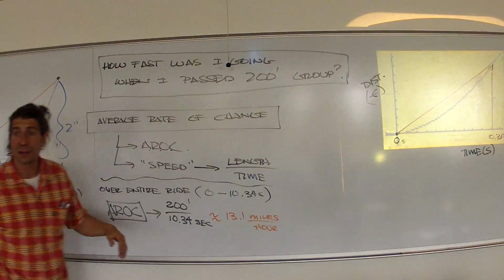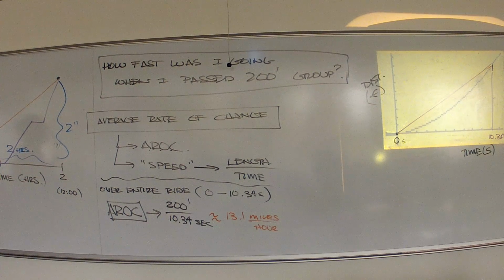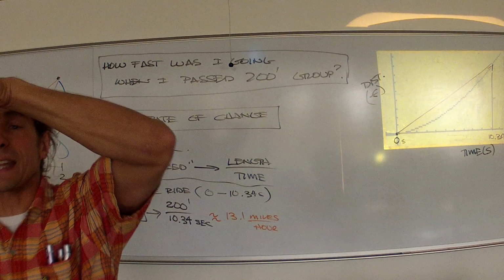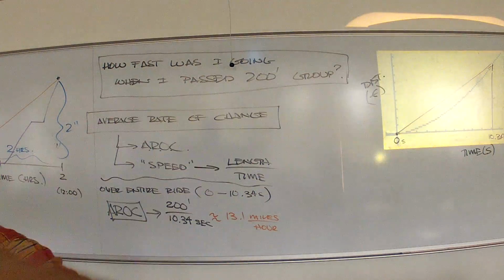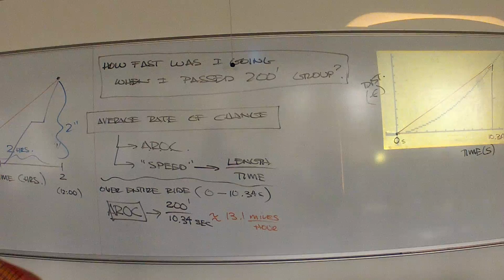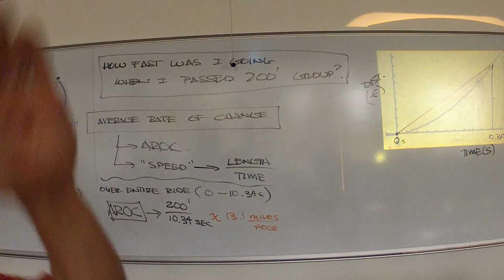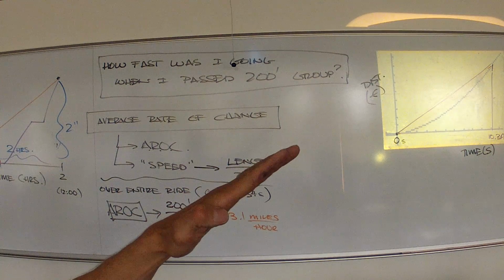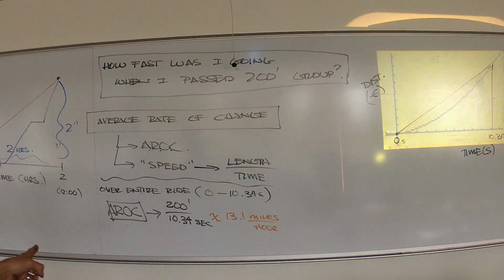Go ahead, Ben. But isn't it the line like straight like that? That's the cumulative line. You're talking about the cumulative, which would indicate the full 200. What you're thinking of is a horizontal line with 0 slope. The line has a constant slope of 13.1 miles an hour, or 200 feet per 10 seconds, or roughly 20 feet per second.